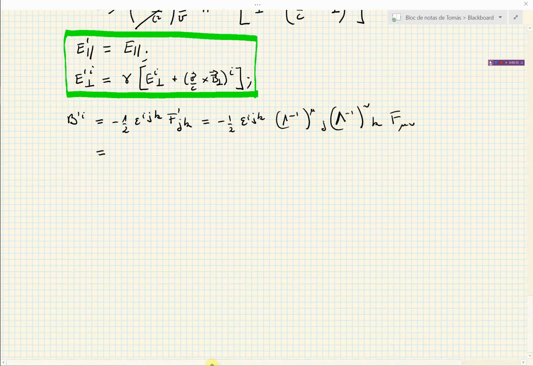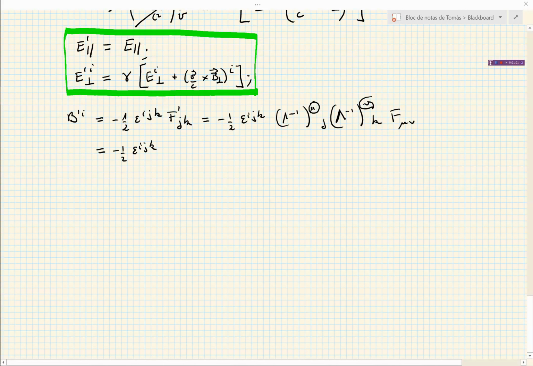Then we expand these Lorentz transformations. We have to expand these indices mu and nu, and we do this step by step. Okay, so first I expand the index mu, and then I get 0j.